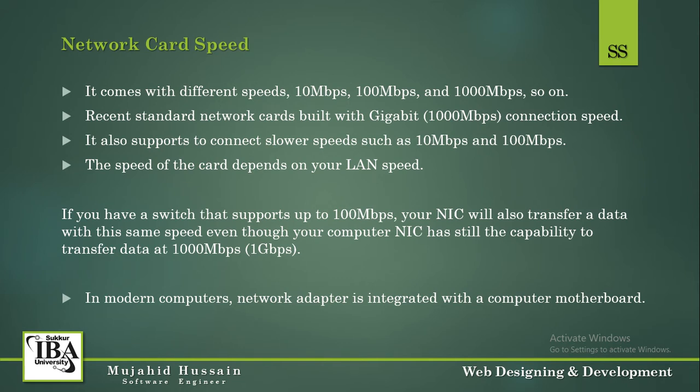Take an example: if you have a switch that supports up to 100 Mbps, your NIC will also transfer data at this same speed, even though your computer's NIC still has the capability to transfer data at 1000 Mbps, 1 gigabit per second. So it depends upon the network speed, which type of network you are using.